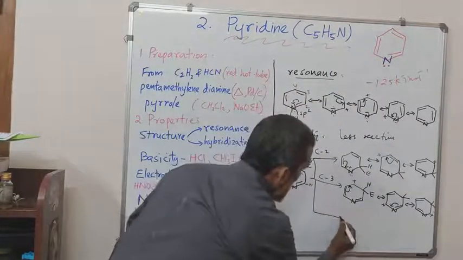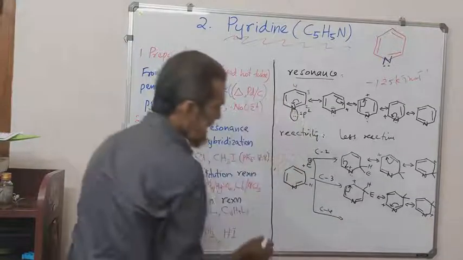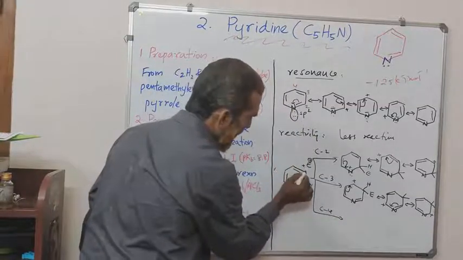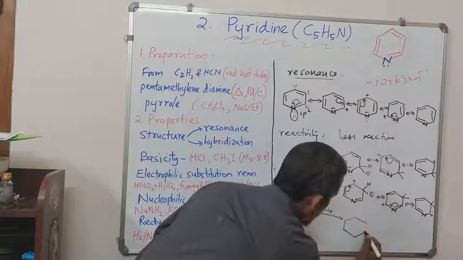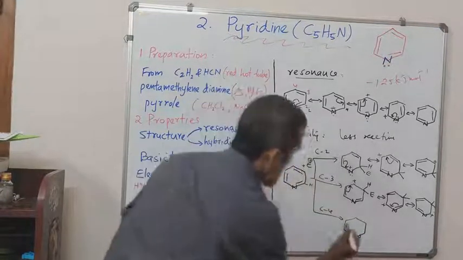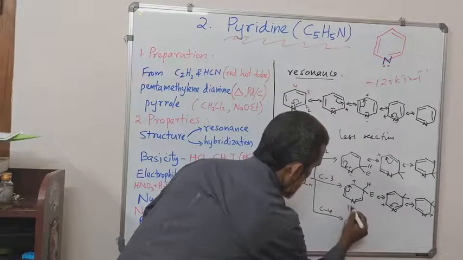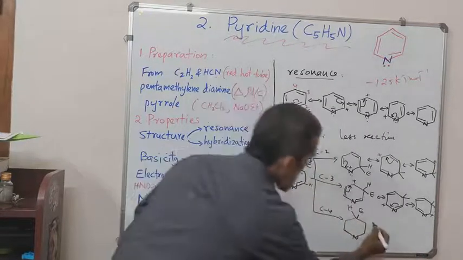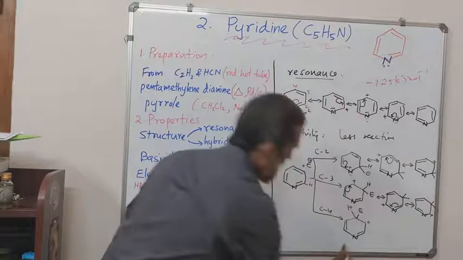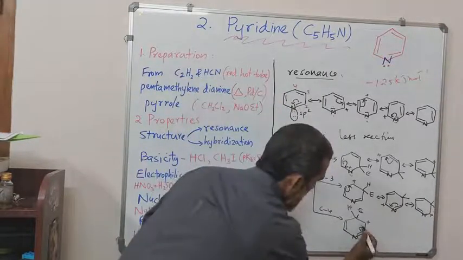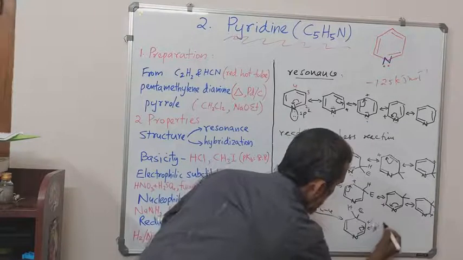Now finally, attack at C4. If attack is here, positive charge will be appearing here. So the structures are now H and E. Positive charge is here now. Then double bond is here. Shifting of this takes place, getting the next structure.